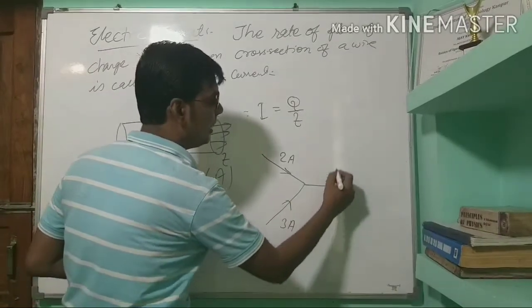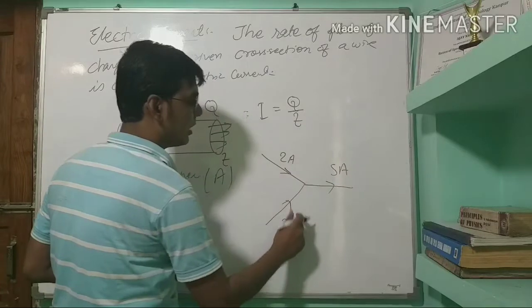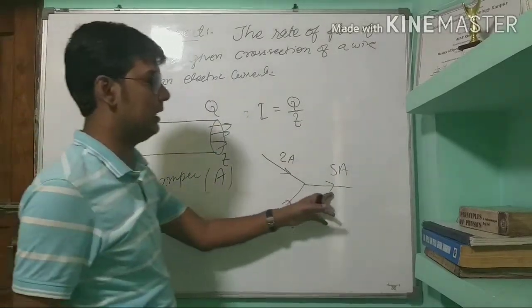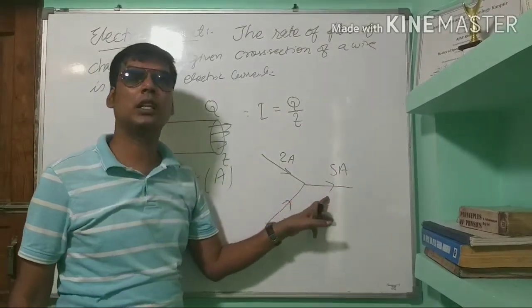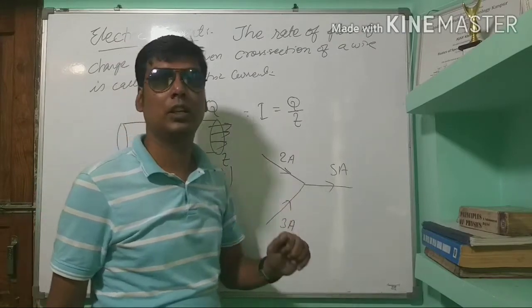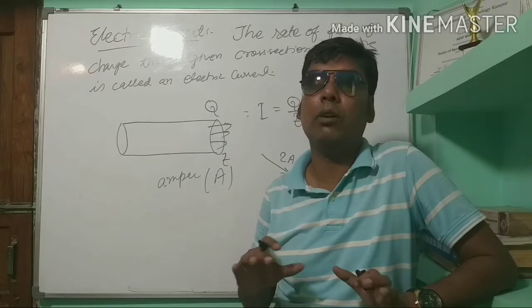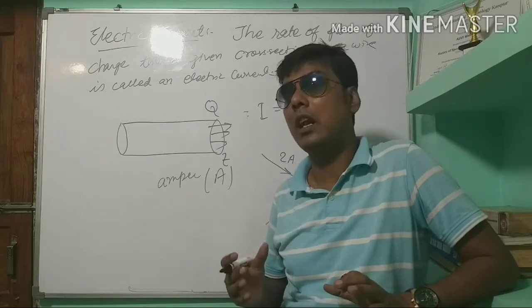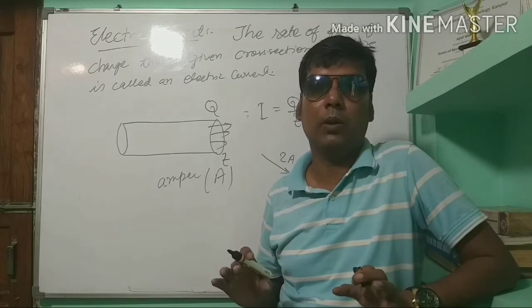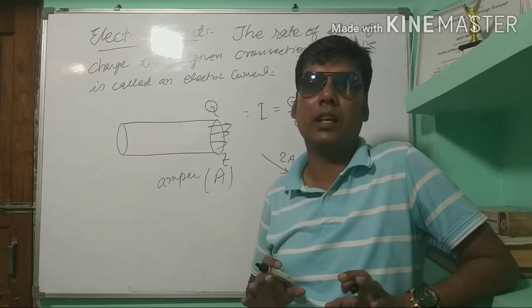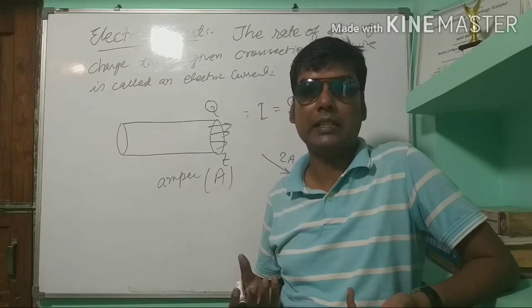So the total will be 5 ampere, the algebraic sum of these two. So in this conductor, total electric current will be 5 ampere. Electric current does not follow vector addition, the triangle law or the parallelogram law.